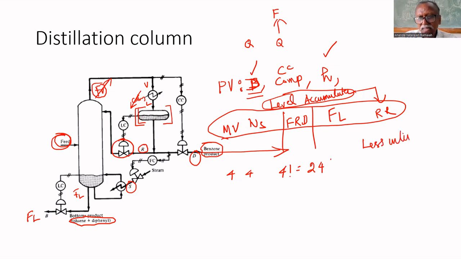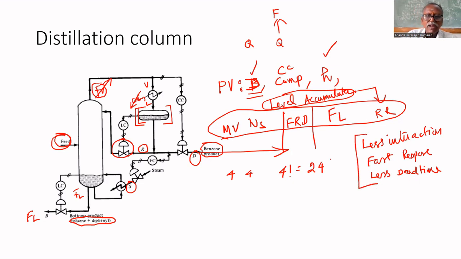Less interaction, fast response, less dead time, and direct effect. By considering these four factors in a qualitative analysis, we selected these variables.